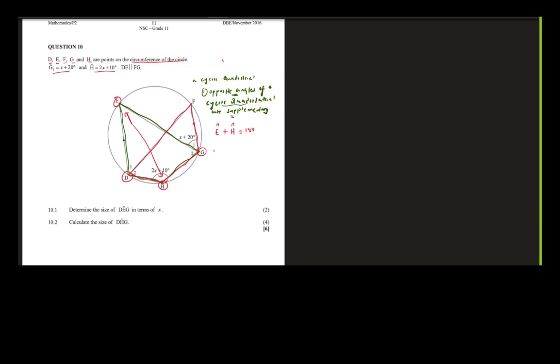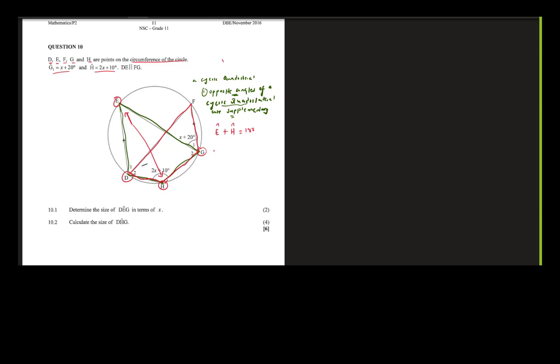Now I'm going to Sensui. Sensui, angle D is opposite to which angle in our cyclic quadrilateral EDHG, drawn with a green color ink? G, good.